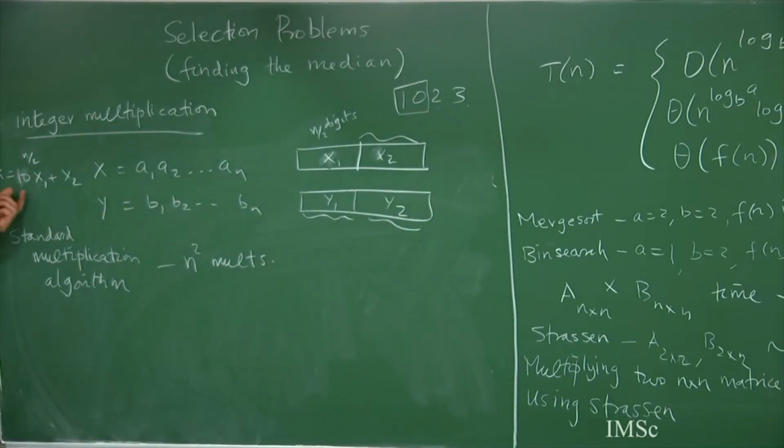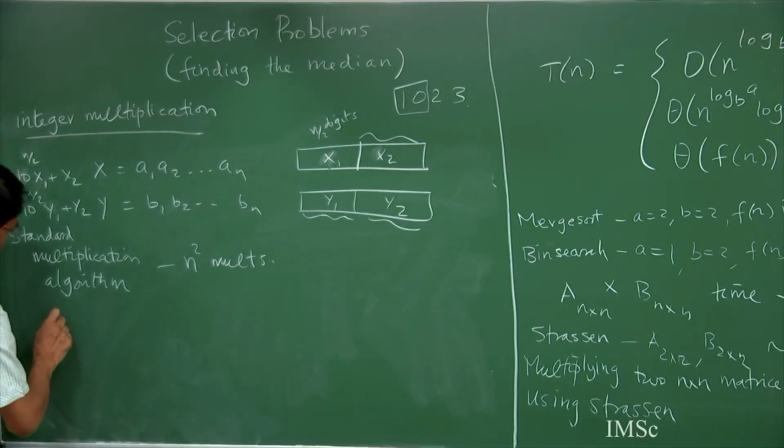So, x is 10 power n by 2 into x1 plus x2, and similarly y is 10 power n by 2 into y1 plus y2. The only thing is that x1, x2, y1, y2 are n by 2 digit numbers now.